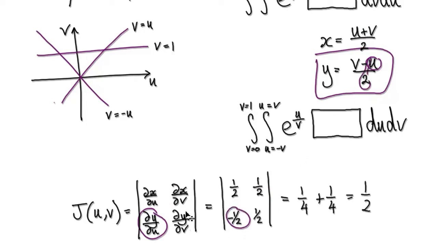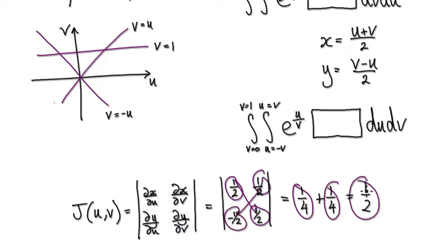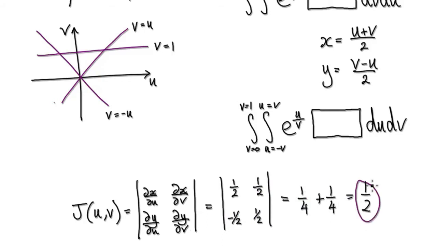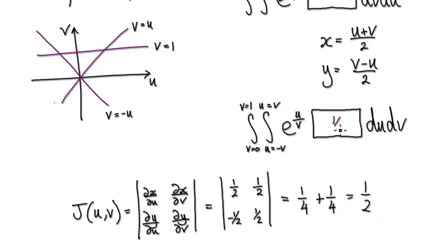And then differentiate y with respect to v, that would be positive a half. That's this thing here. So work out the determinant. It will be this times this, and then take away this times this, which turns out to be a half. So now we can put this a half into here.